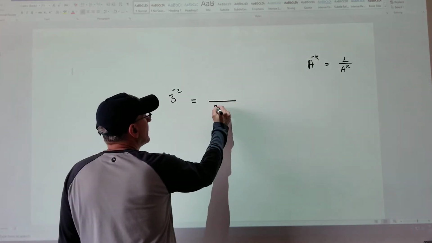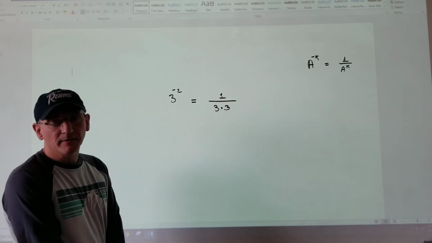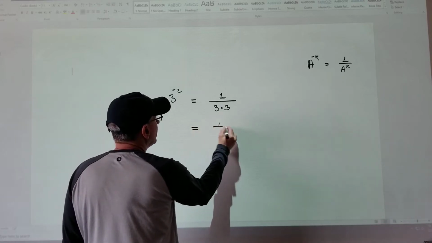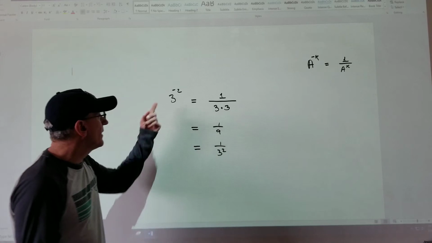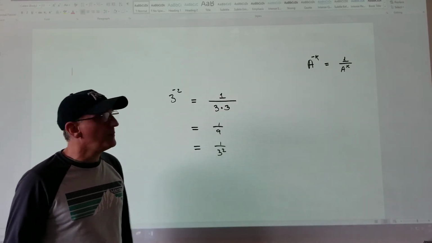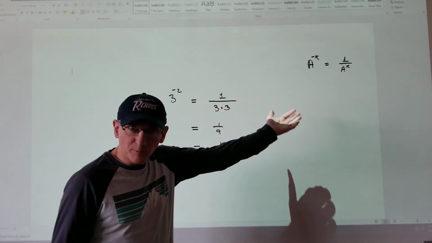They are things that are dividing, and they're found in the denominator of a fraction like that, which of course is the same as 1/9, which of course is the same as 1 over 3 squared. That's one example that illustrates not so much why that's true, but what the property says in the first place.